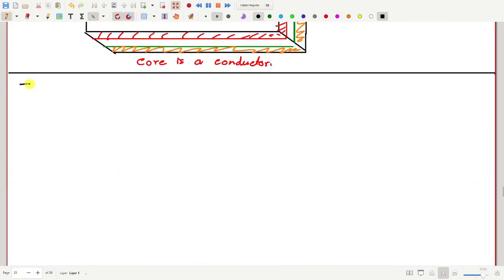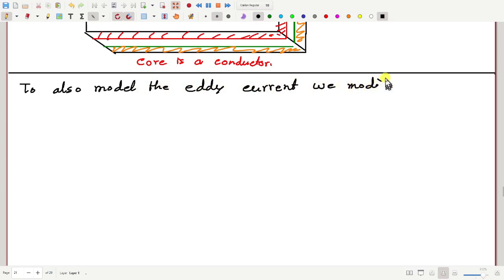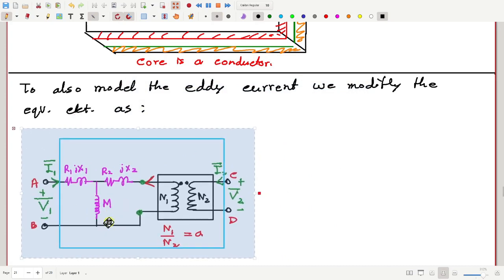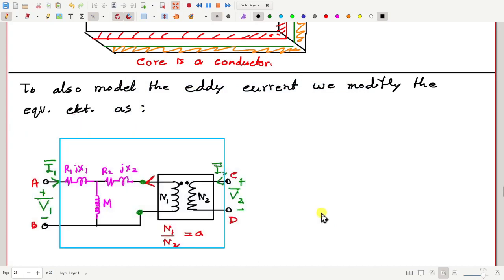Okay, now to also model the eddy current loss, we modify the equivalent circuit as follows. This was the circuit before, without eddy current.